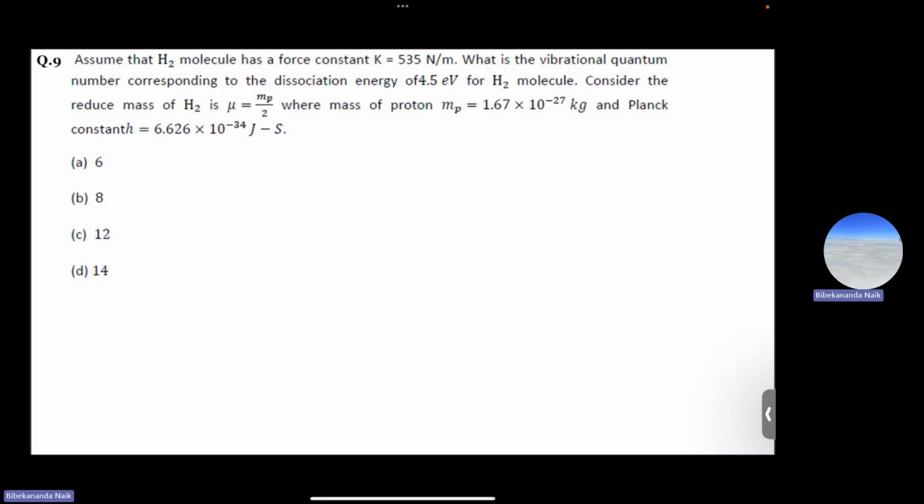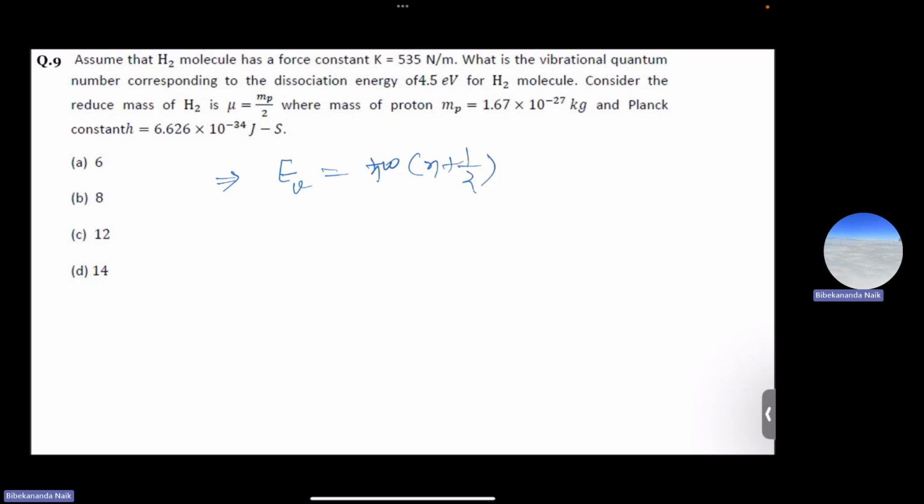So let's solve this question. Now, in this question, the force constant K is given, and we are talking about the vibrational energy levels, because here the dissociation energy is nothing but the vibrational energy, which is 4.5 electron volt. For a simple harmonic oscillator we will use the expression: the vibrational energy E_v is h cross omega into n plus half.